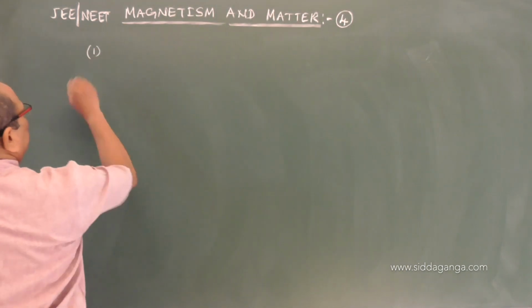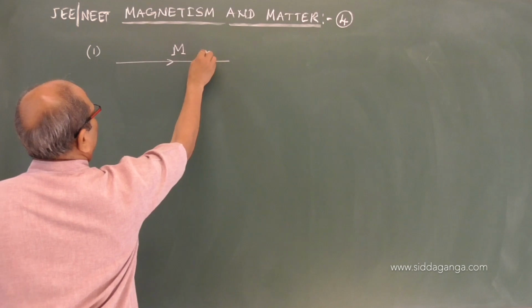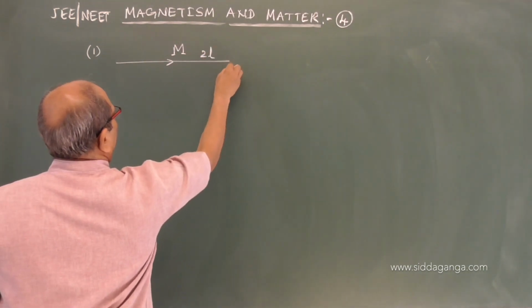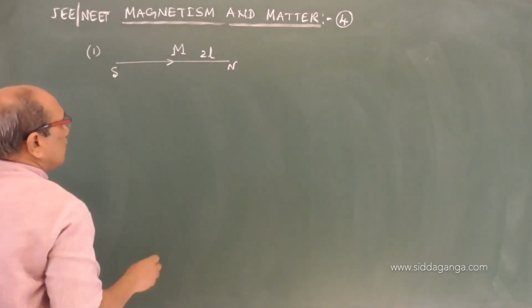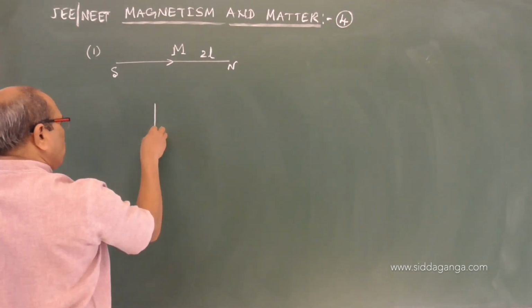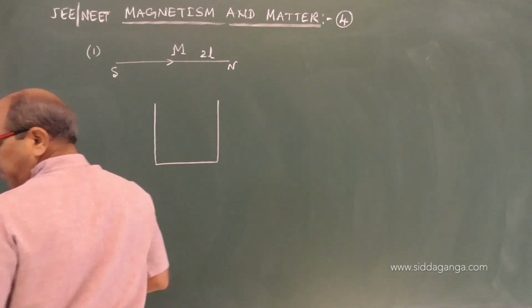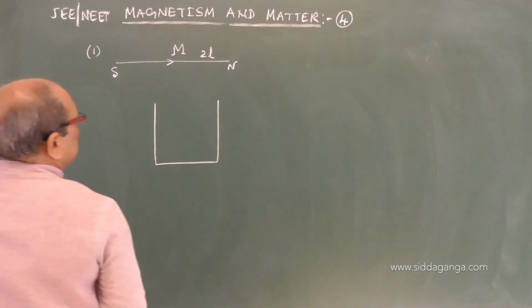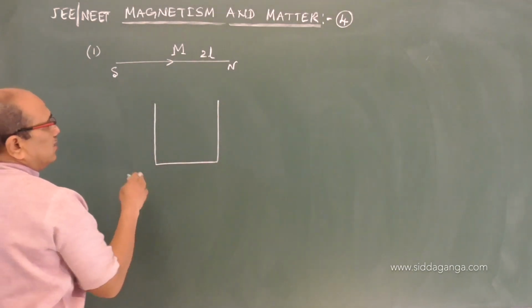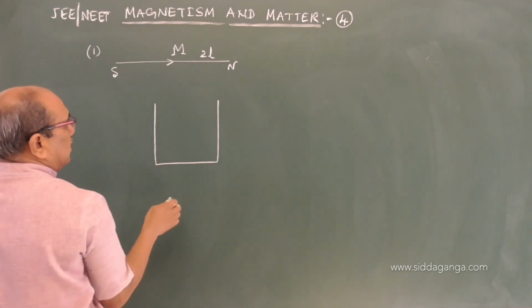So let us take an example. This is the magnet of moment m, length 2l. Let us imagine it is bent in the form of U. It is cut into three equal parts and bent in the form of U shape. Each part is of equal length.